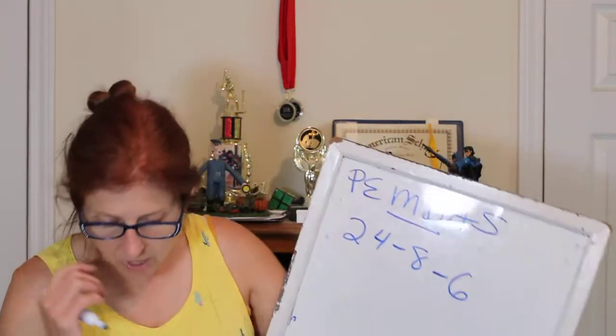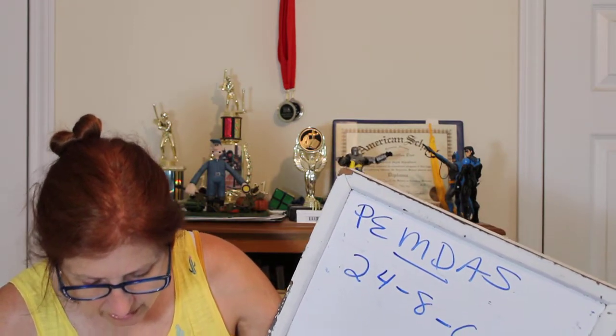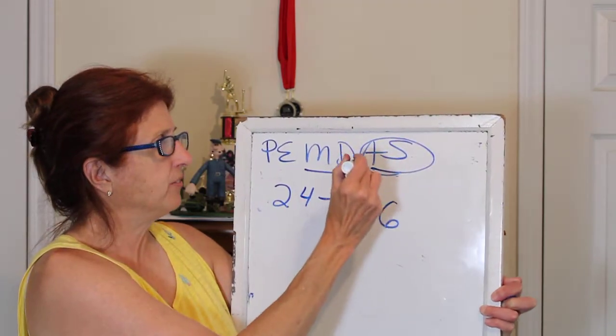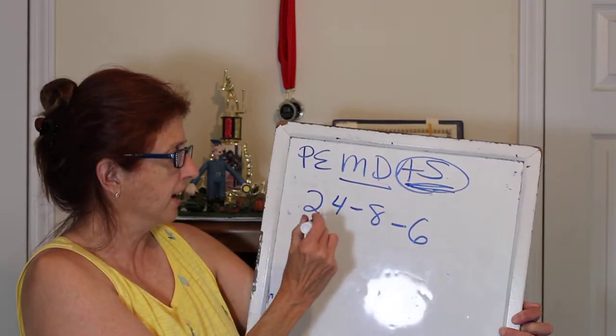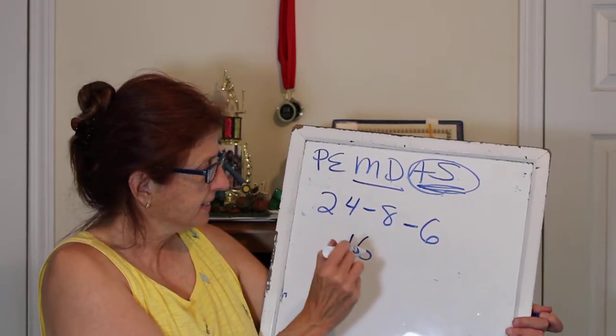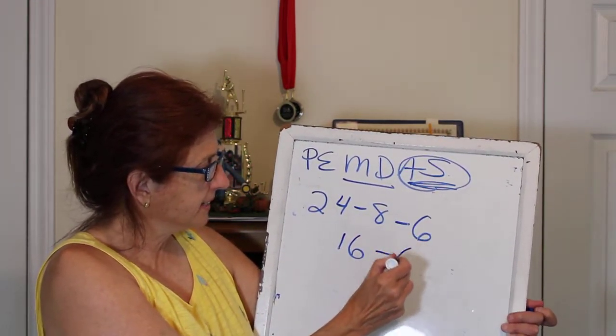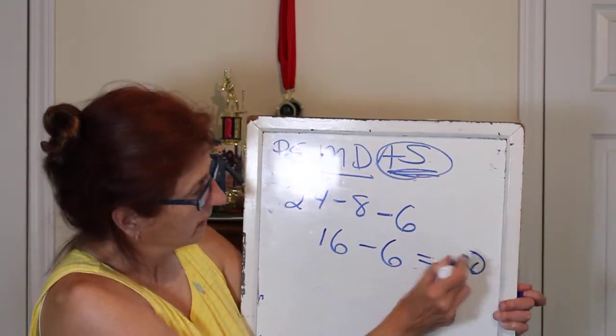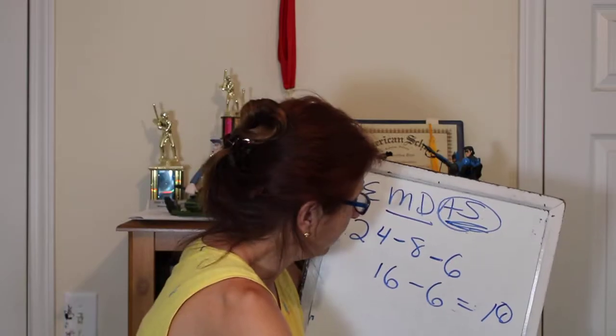Okay, so this is all subtracting. So we're just going to do it left to right, the adding and subtracting. 24 minus 8 is 16, minus 6 is 10. Sort of a messy 10. Okay, let's do another one.